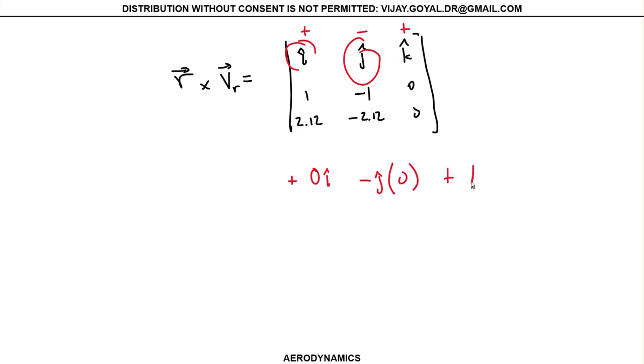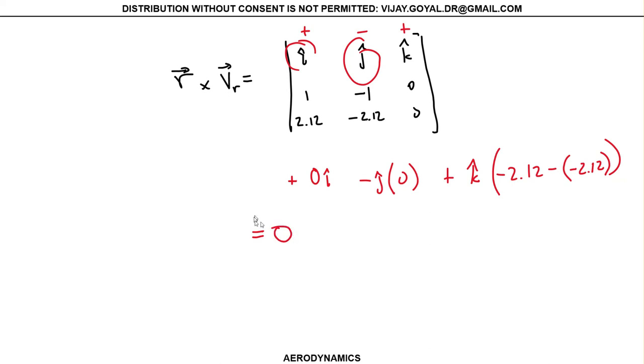I'm only left with one component, and that gives you minus 2.12 minus 2.12. Okay, minus minus becomes plus, so this is equal to 0.